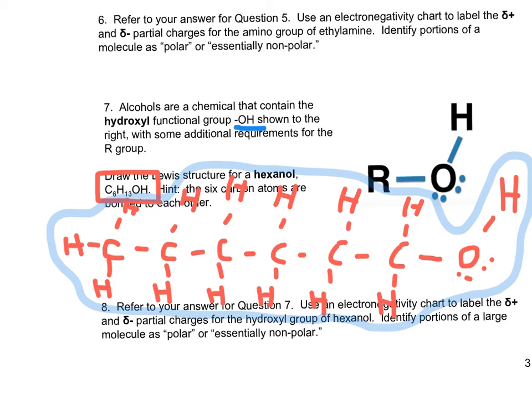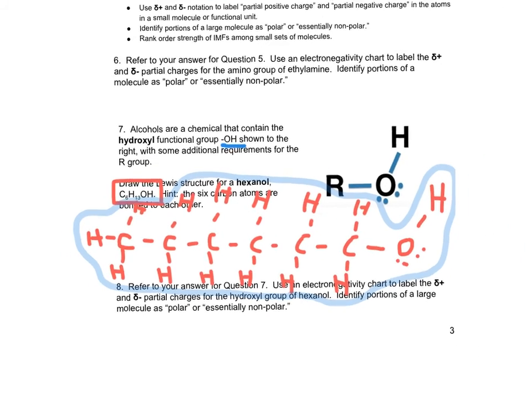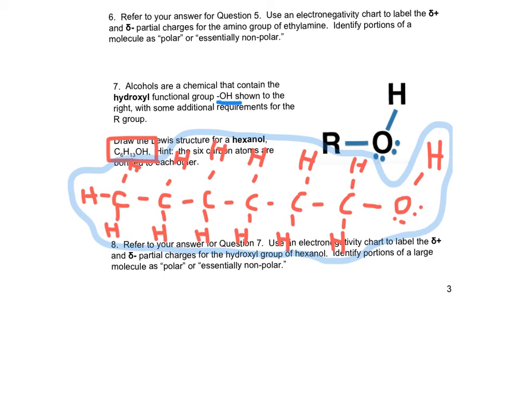And just quickly, we've got just a short amount of time left, as I'm trying to keep it to 10 minutes. Just because this attaches to what we've been doing earlier, this says to label the delta plus and delta minus of the hydroxyl group.